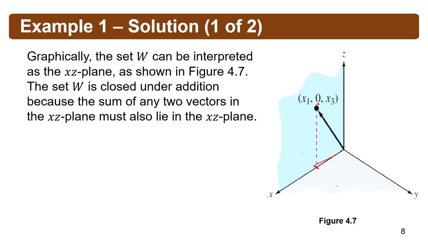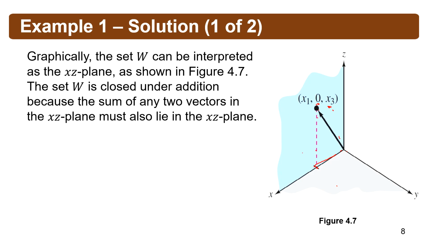Then you go up because your x sub 3 is in the z axis. So that point is on the wall, if you are in a three-dimensional space.